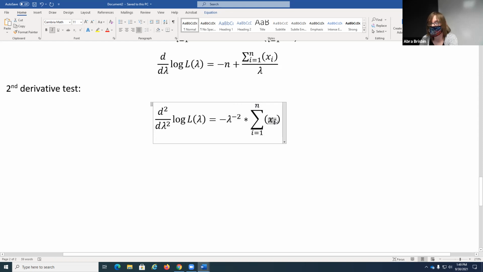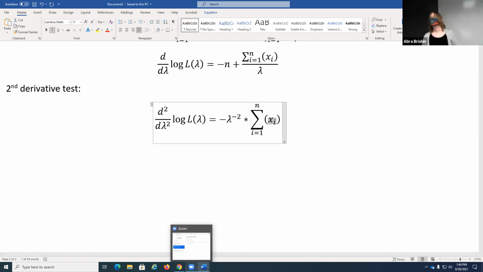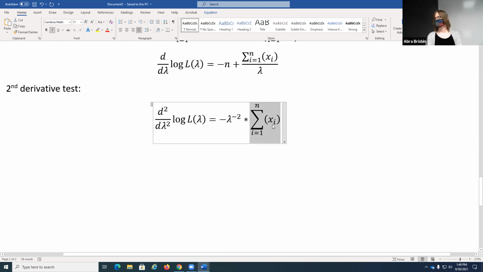The x sub i's from a Poisson distribution are all non-negative whole numbers. So 0, 1, 2, 3, dot, dot, dot. So their sum is also going to be positive. So we've got a negative times a positive times a positive.